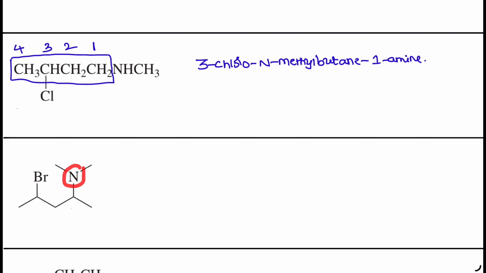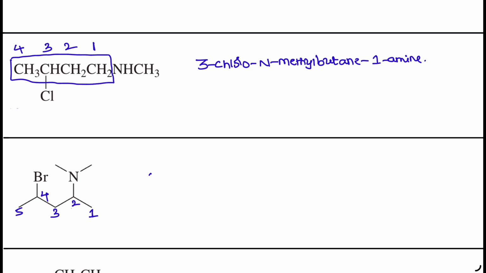This is a tertiary amine, 1 carbon group, 1 carbon group, but here there are more number of carbons, so 5 carbons. So this is the longest chain. This is the first carbon, this is second carbon, third, fourth, and fifth. And here prefixes methyl, methyl, bromo.